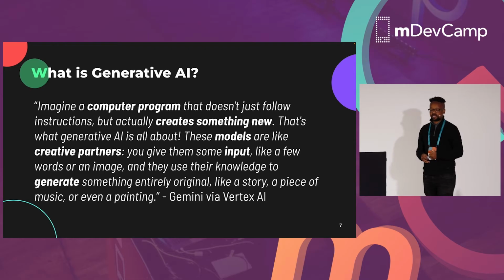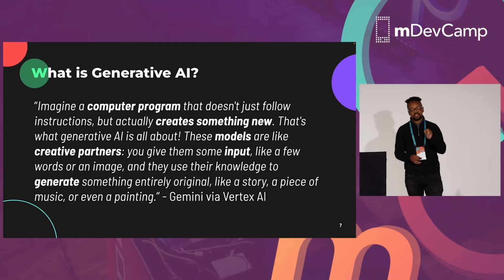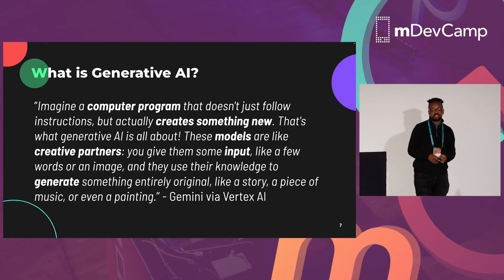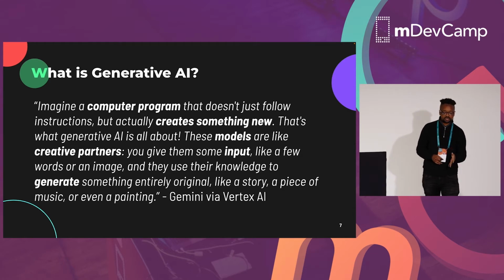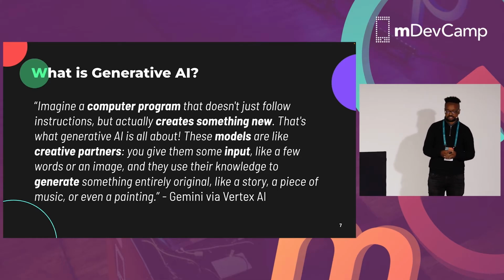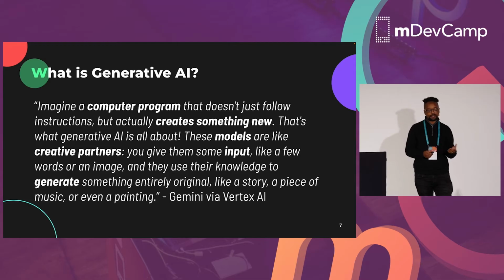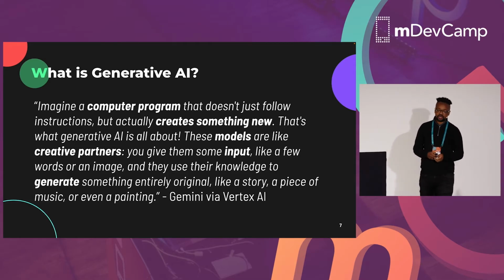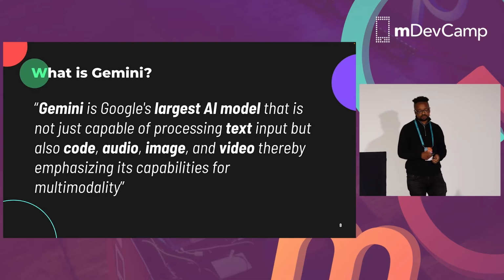Imagine a computer program that doesn't just follow instructions, but actually creates something new. That's what generative AI is all about. These models are like creative partners. You give them some input, like a few words or an image, and they use their knowledge to generate something entirely original, like a story, a piece of music, or even a painting. And this was through Vertex AI when I asked Gemini about this.